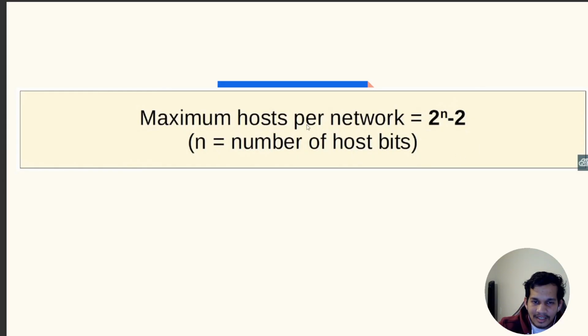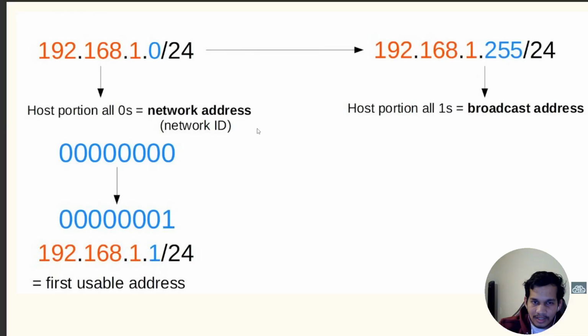So that's the thing. And the maximum hosts per network is 2 raised to n minus 2. I hope you memorize this formula, which is very important for subnetting practice, which we'll cover in the next video.